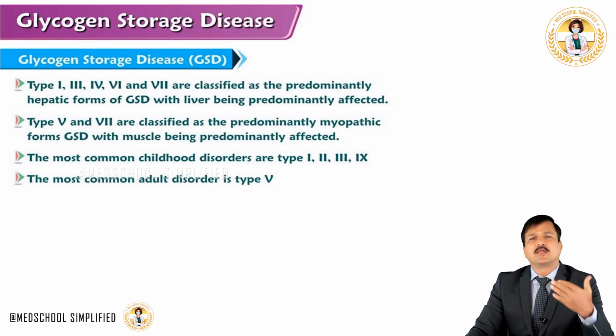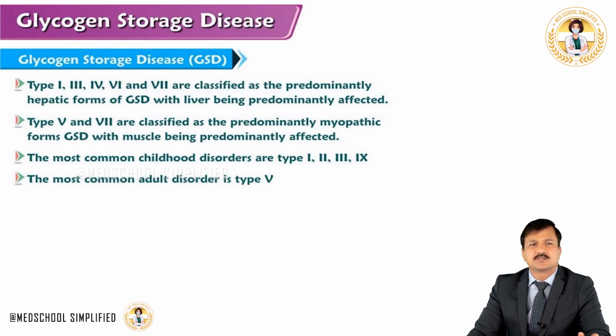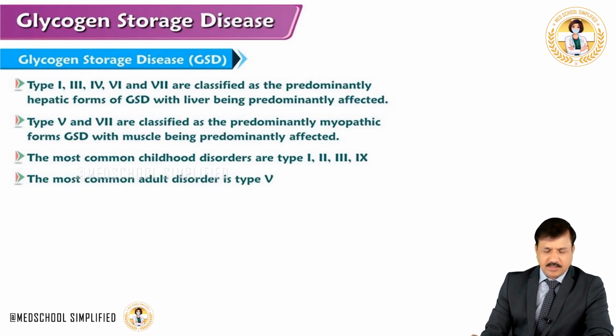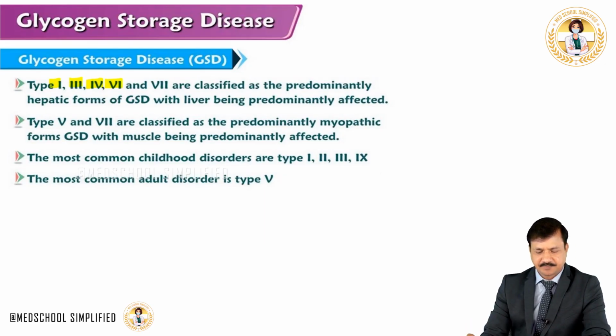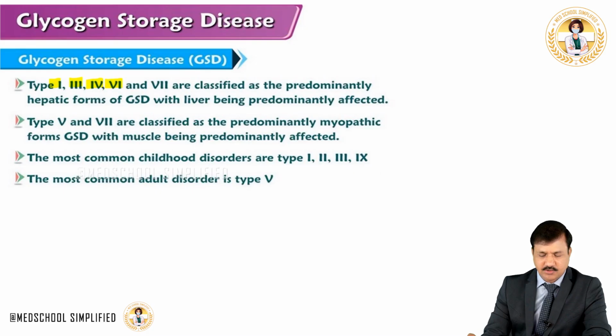and also their frequency, in terms of most common in childhood, most common in adults, something like that. So in that way, we can group glycogen storage diseases as type 1, type 3, type 4 and type 6 specifically. And even we put type 7 also here.